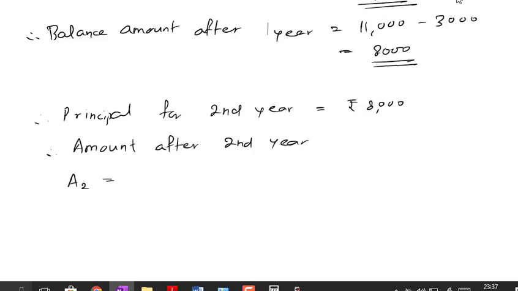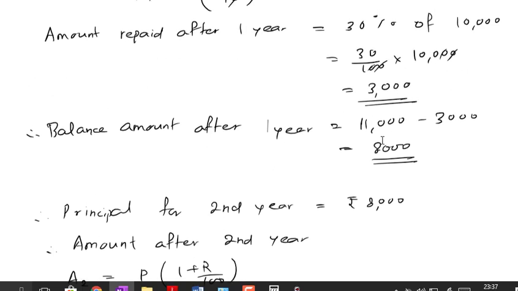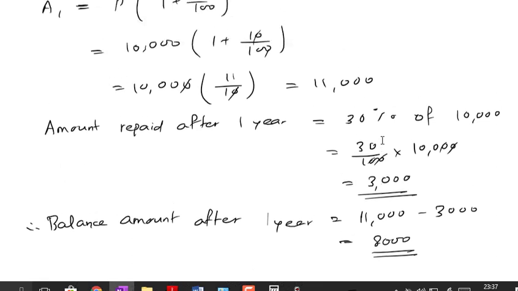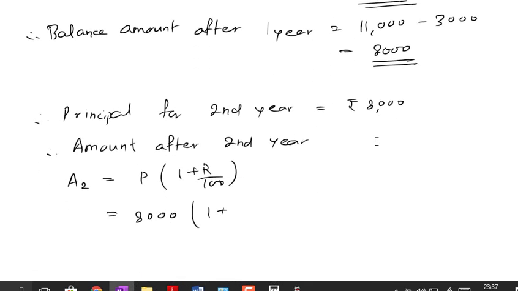A2 will be equal to P into 1 plus R upon 100, but here the value of P we will take as 8,000 into 1 plus R, the value of R is 10 upon 100, again 10 upon 100.